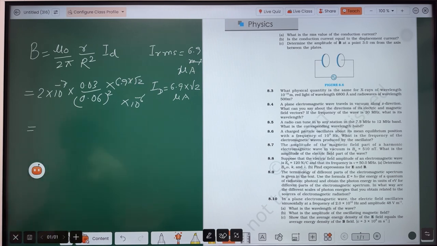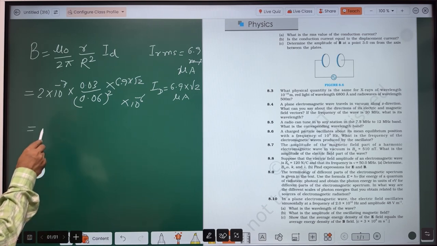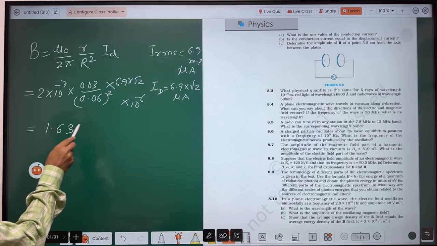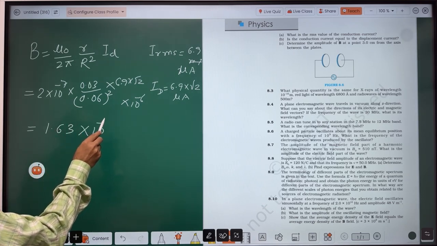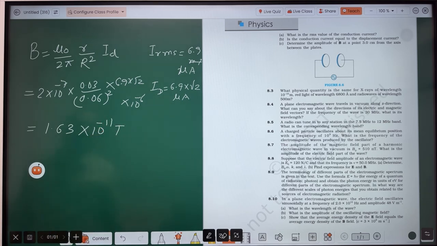We can simplify it. After evaluation, you will get 1.63 into 10 to the power minus 11 Tesla.